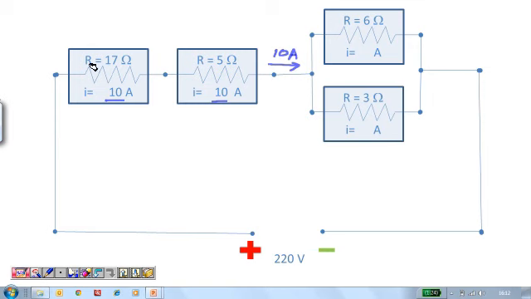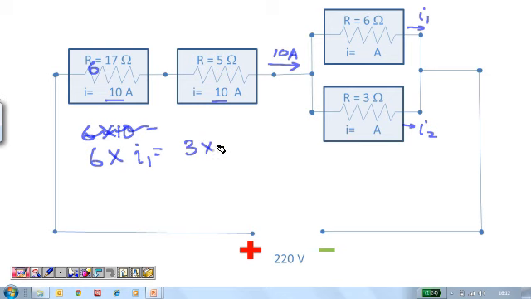So 6 ohms multiplied by I1, which is the current going here, is equal to 3 into I2, where this is I1 and this is I2. Simply put, I1 upon I2 will be equal to 1 by 2.